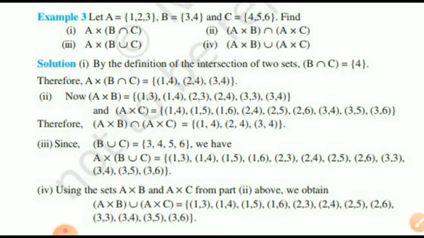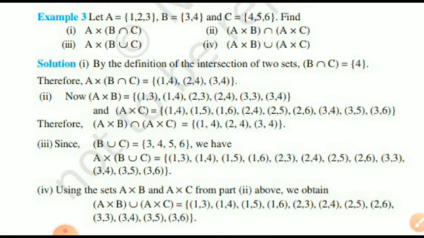Now the fourth one, (A cross B) union (A cross C). Now A cross B you can find first. Okay. Then already we have found that A cross B in this. So only that is enough. Here union A cross C. Okay.